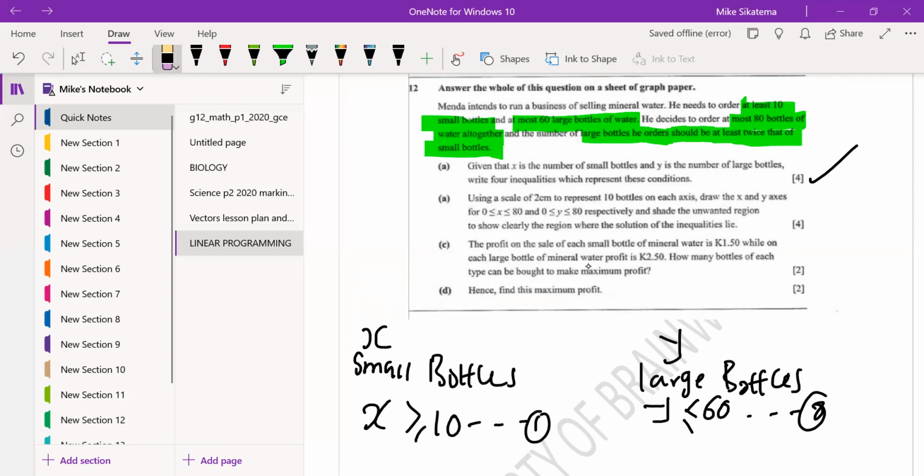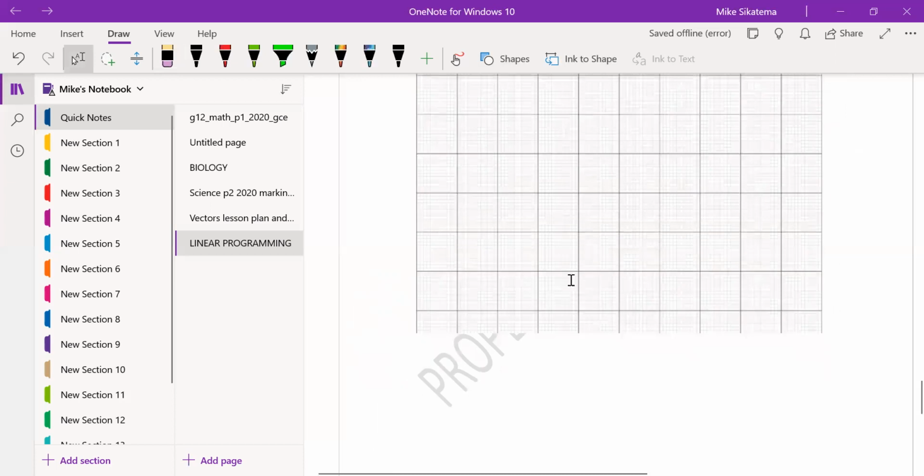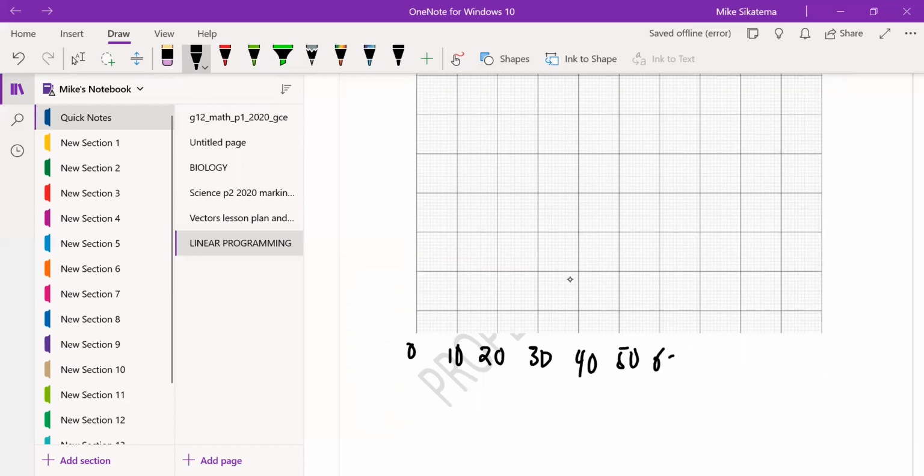So 2 centimeters to represent 10 bottles on the x-axis and y-axis, and it's going to 80. So here we are saying 10, 20, 30, 40, 50, 60, 70, 80 on both axes. X representing small bottles. Really, can you fail to do this? You cannot. So 0, 10, 20, 30, 40, 50, 60, 70, 80, x-axis, small bottles.